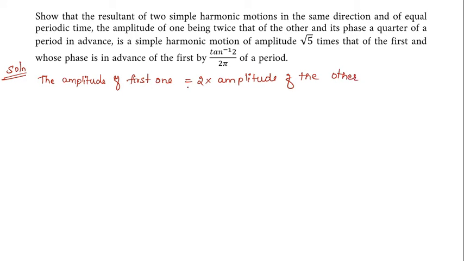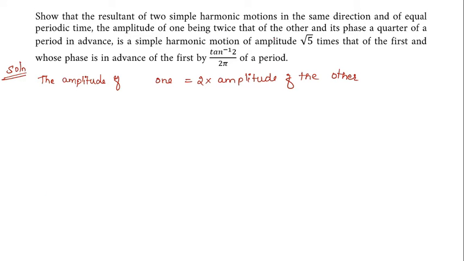If I take the amplitude of one as A1, the amplitude of the other I can consider as A2. They have not specified which is first, so the amplitude of the one equals 2 into the amplitude of the other.